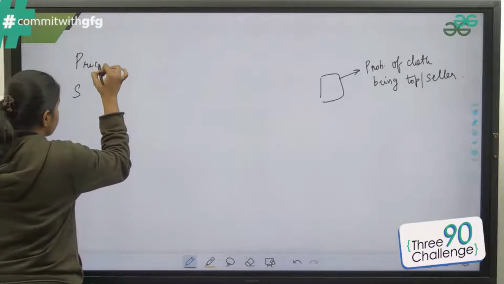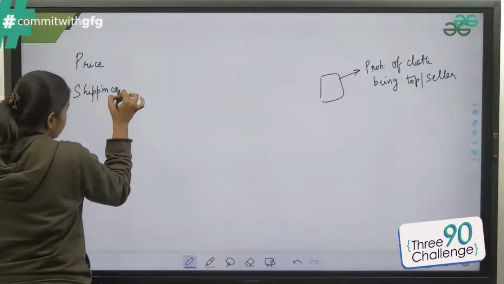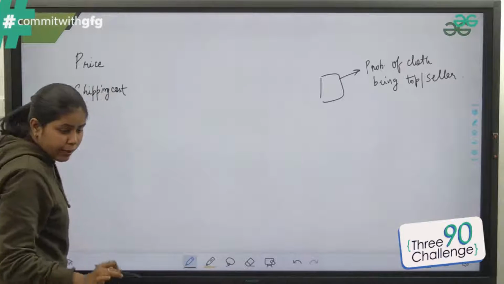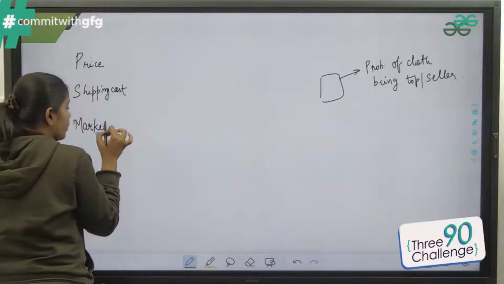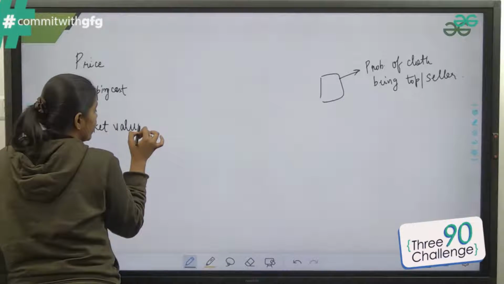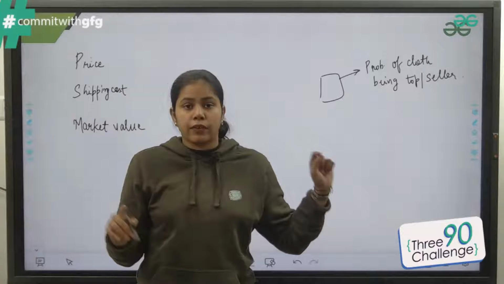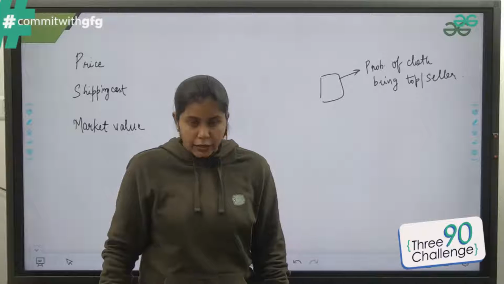I have price, I have shipping cost, and I have market value, that is, what would be the market value of that particular product and at which price I am selling, right? Price and market value are two different things.